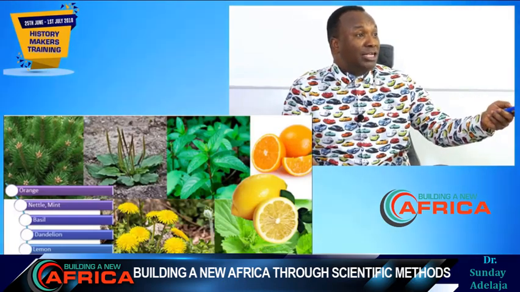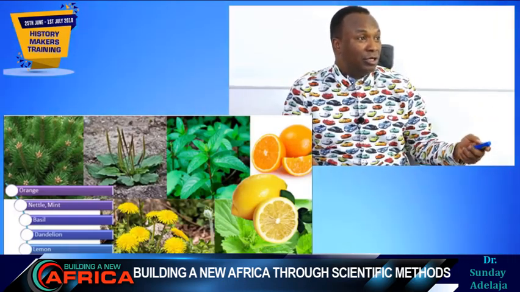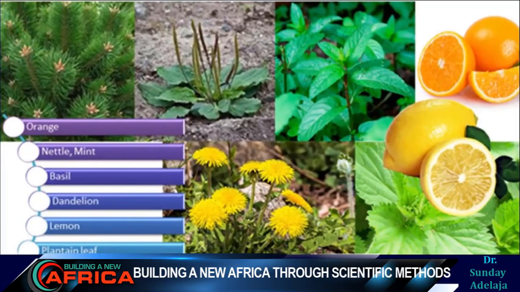Okay, show us. Orange, clear, yeah? Orange and the back of the orange. Yes. Then number 2 is nettle and mint. That is mint, you see. The two of them.